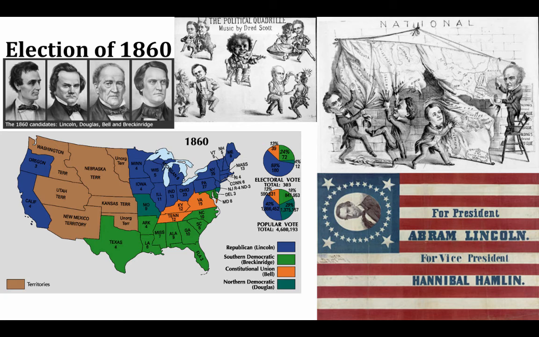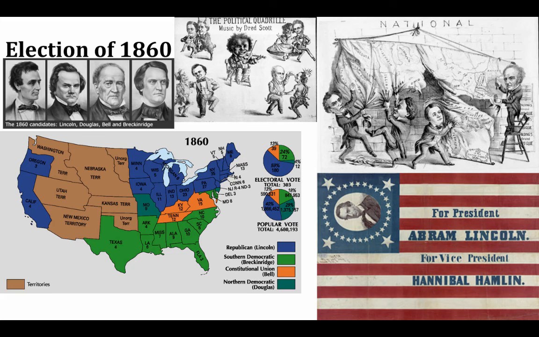Now, this is incredibly important because Abraham Lincoln is running on a platform that is very offensive to these Southerners. He's going to run on no expansion of slavery. He's going to run on a high tariff. He's going to run on a transcontinental railroad that runs to the north, not the south. He's going to run on the whole idea of using tariff money to improve infrastructure, mainly in the north.